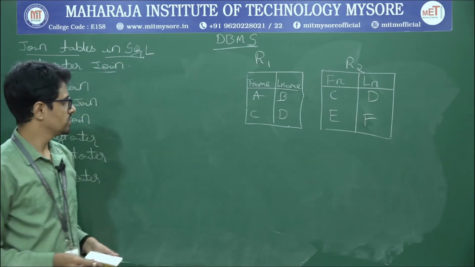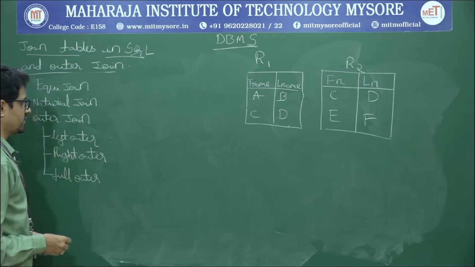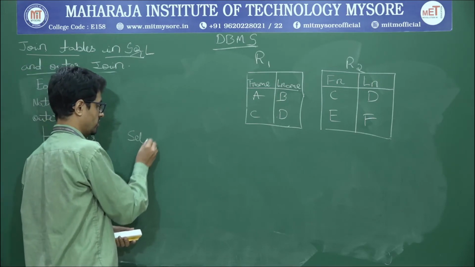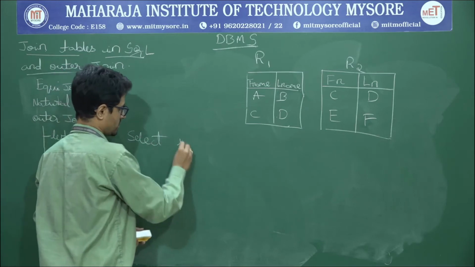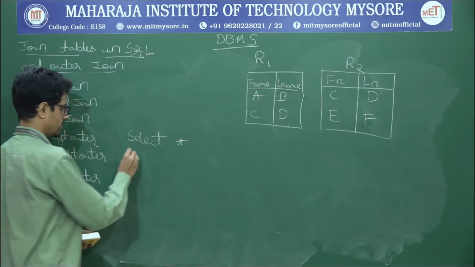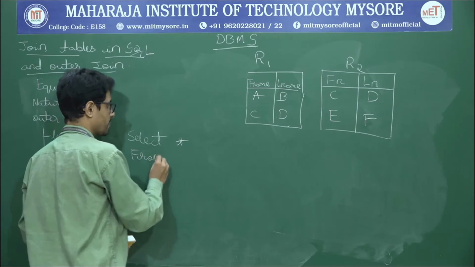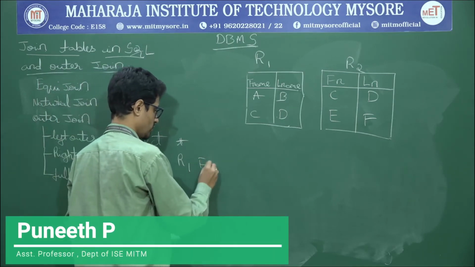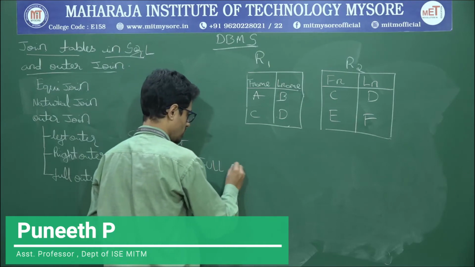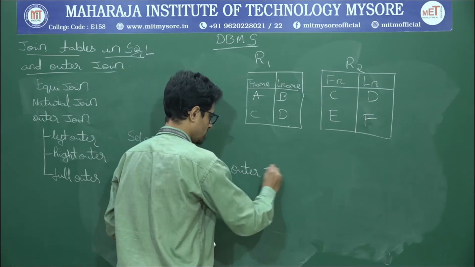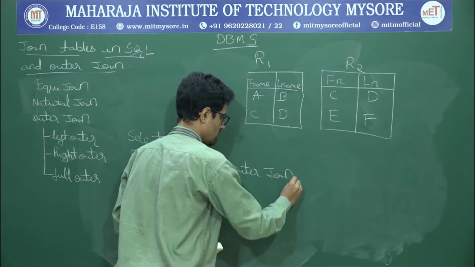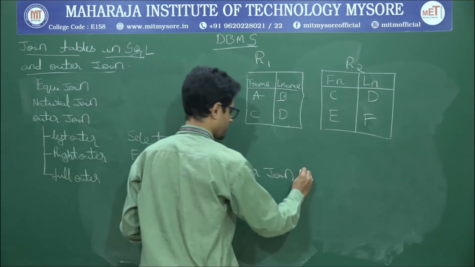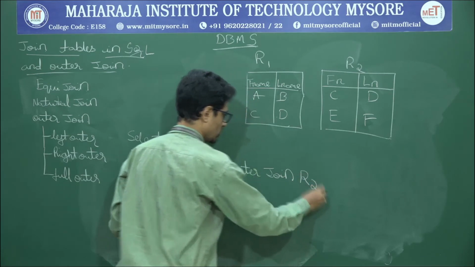Now, how to write this full outer join? Select star from R1 full outer join with R2.